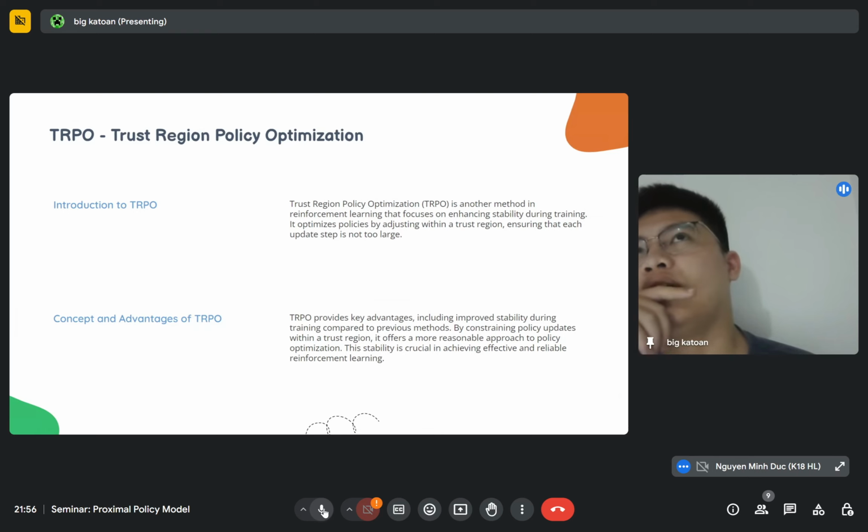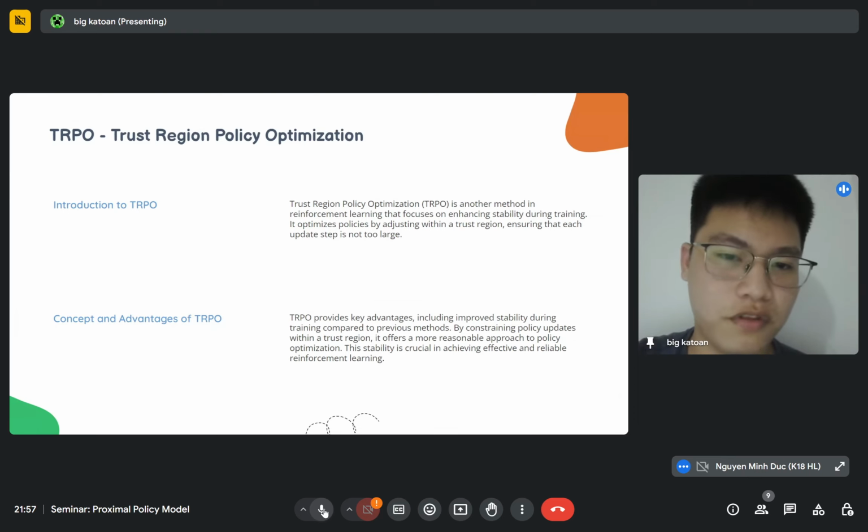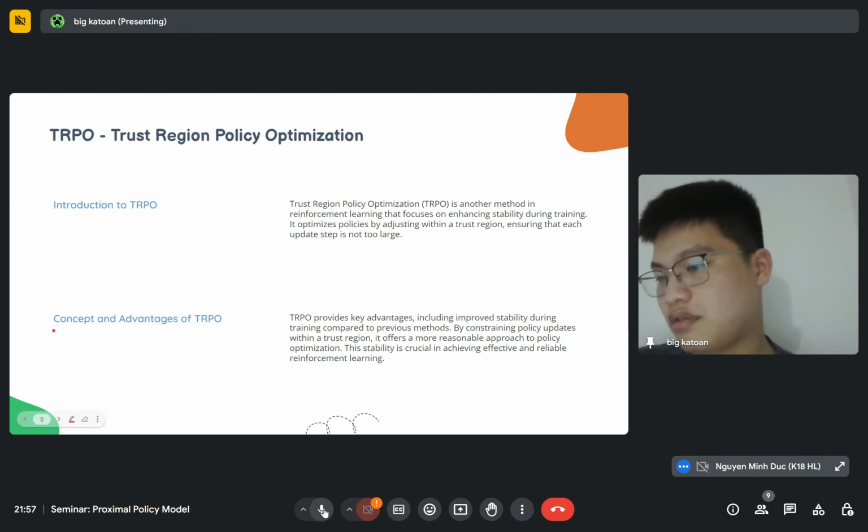Actually, almost every term in reinforcement learning has a constraint we put on it. Let me try to find some example to easily demonstrate. Can you scroll back to the slide of the TRPO algorithm?